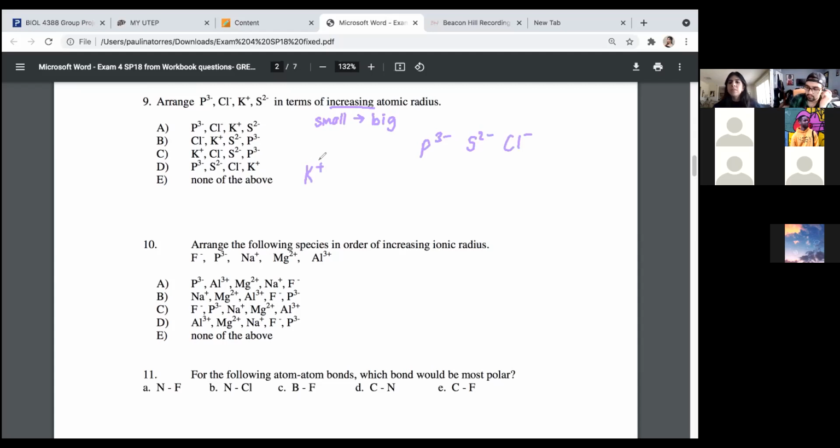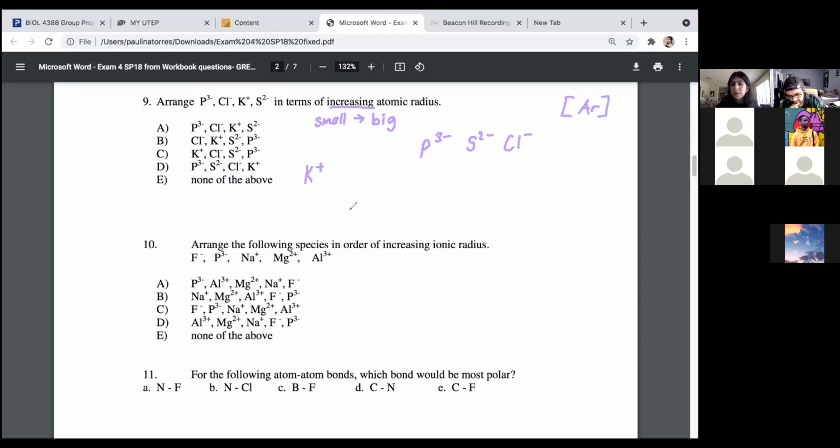All right, so all of these are ions, right? And they're all isoelectronic to which other element? Argon? Yeah, argon. Yes, they're all isoelectronic to argon. Okay, so we know since they're all isoelectronic, they all have the same amount of electrons once again. So now we want to compare protons. Whichever one has the most protons is going to be the one that can pull in those electrons the best.